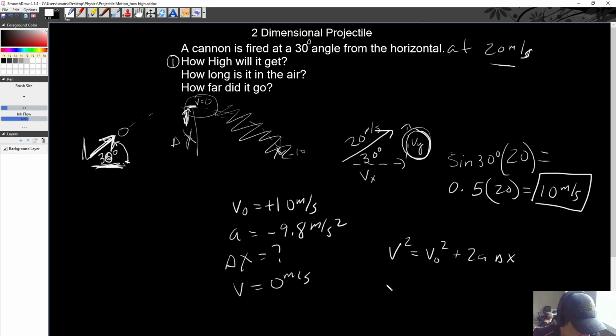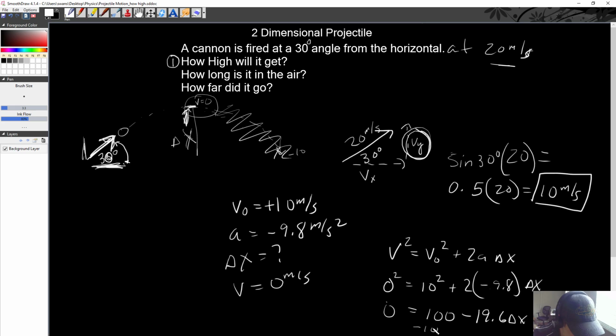So final speed squared is equal to starting speed squared plus 2 times negative 9.8 times delta x, which is negative 19.6 times delta x. 10 squared is 100, equal to 0 squared, which is 0.